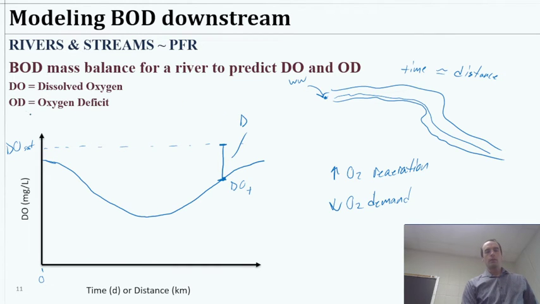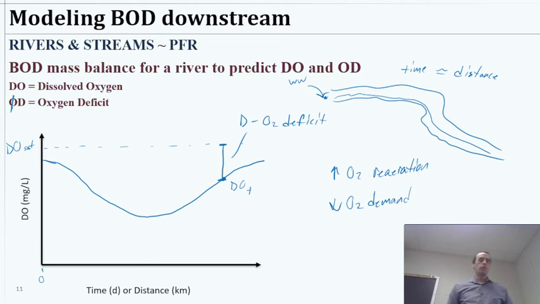I don't think we normally keep the O there. So D would be the O2 deficit. What we're describing here is how much oxygen is lacking from the water compared to what would be there if it was saturated, given its temperature and the particulars of the environment. Okay, so those are two concepts that will be very important.